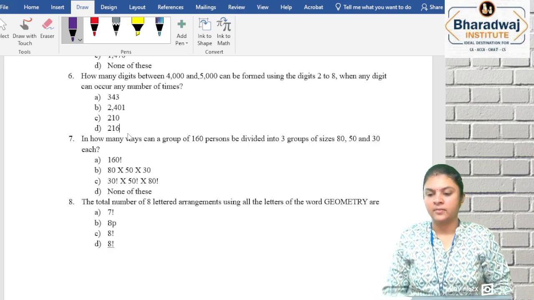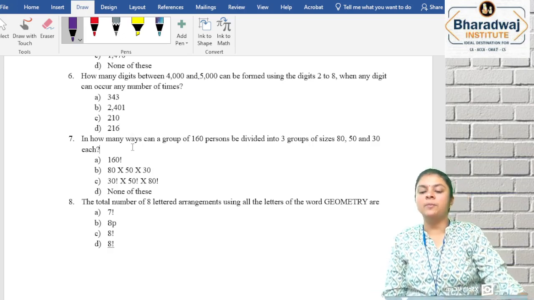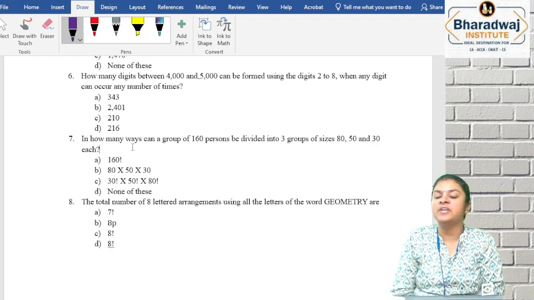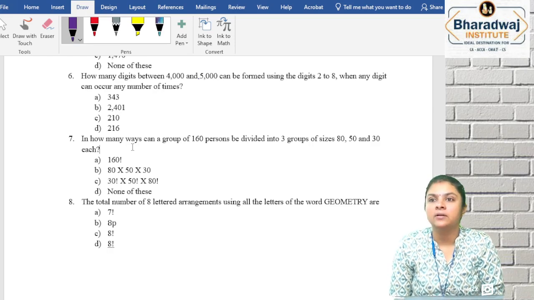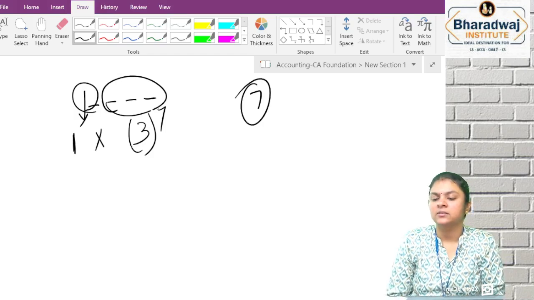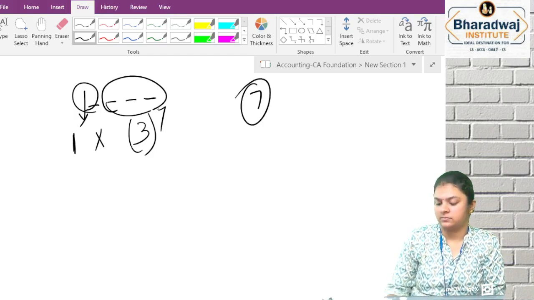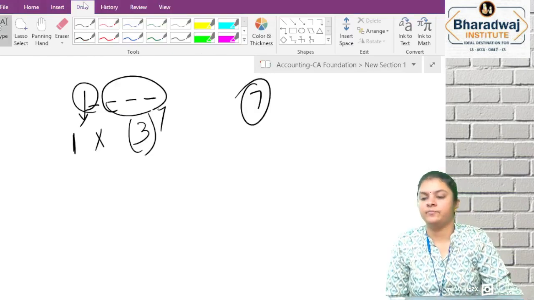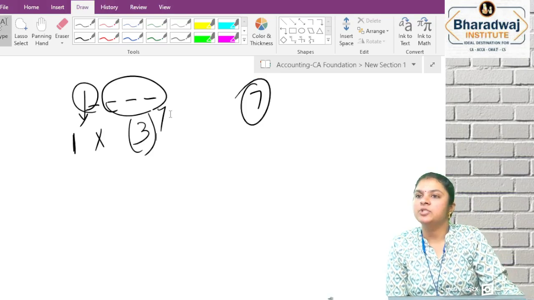One minute. Yeah. Next one. In how many ways can a group of 160 people be divided into 3 groups of 80, 50 and 30? No, last question 1 into 7 into 7 into 7. என்னமா? அது ரிப்பீட் ஆகிறதுனால 7 into 7 into 7. There are 3 positions. Okay.